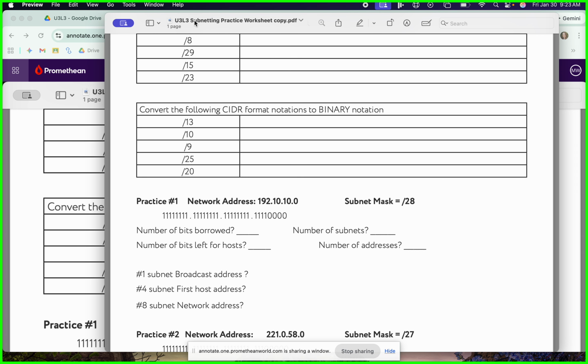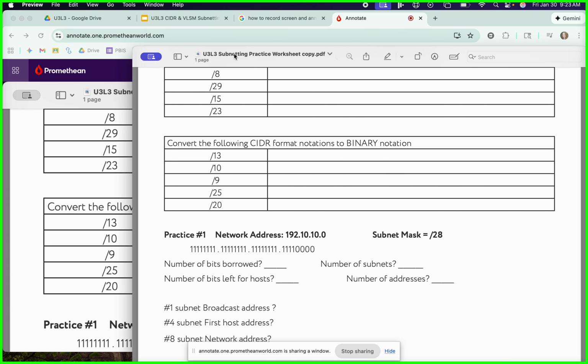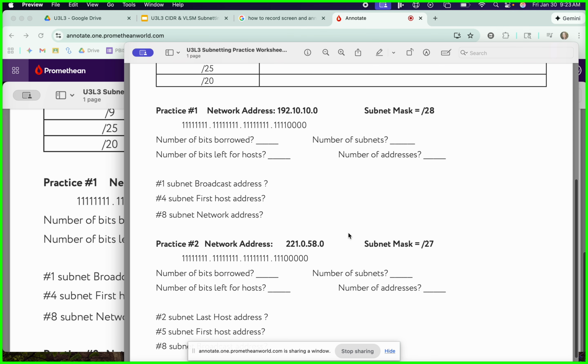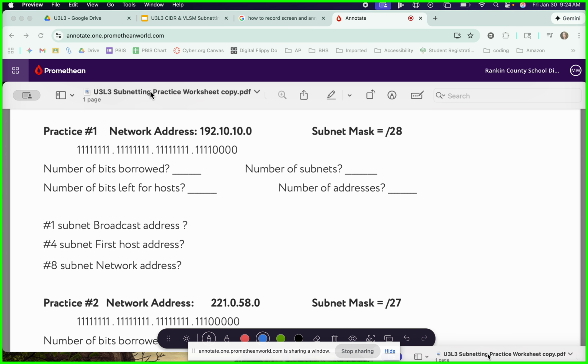Okay, that needs to go somewhere. All right, so what does this look like? Well, first of all, now we have a subnet mask of 28.